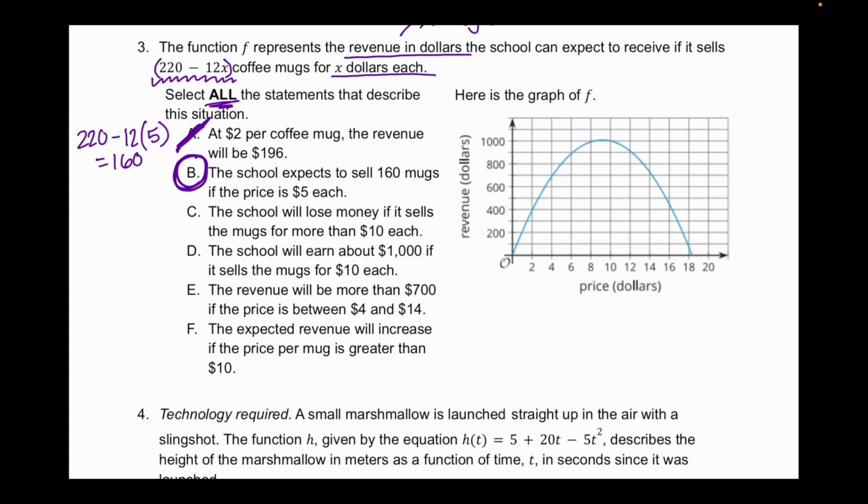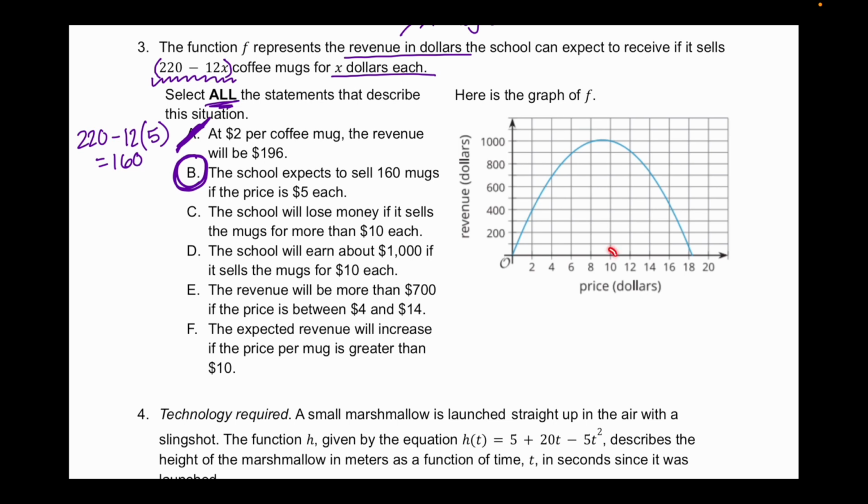Now let's look at C. C says the school will lose money if it sells the mugs for more than $10 each. So let's look at now losing money. That's the amount of money they're making. So that is something we can look at on our graph. And then $10 each, that price, that's another thing from our graph.